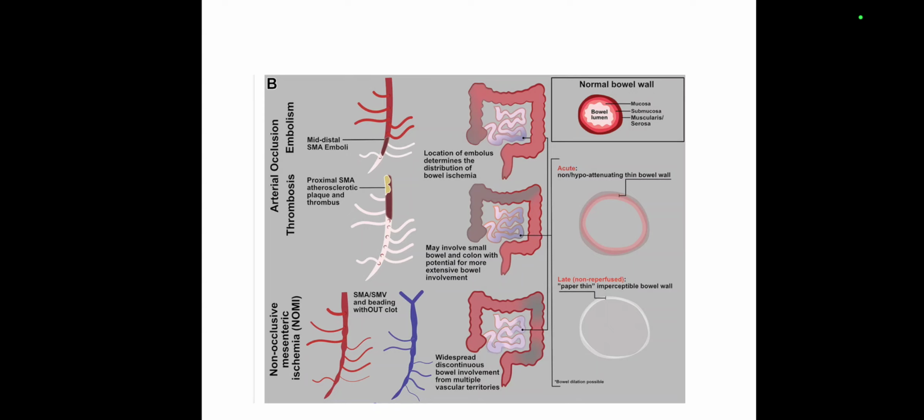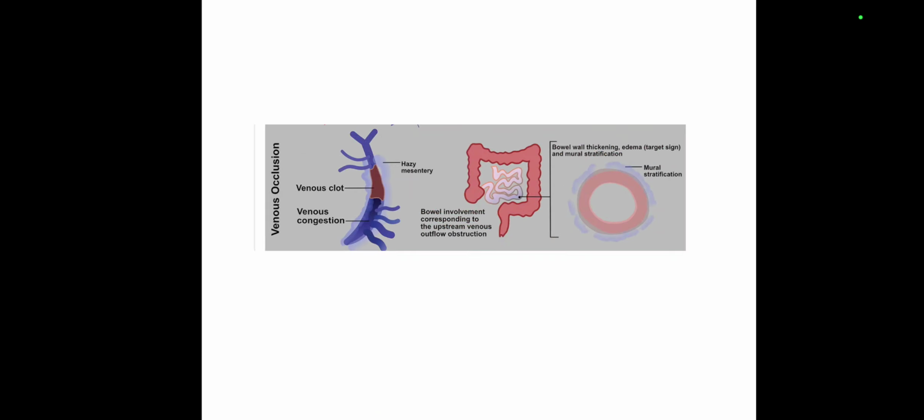Now, what happens in case of a hypoperfusion? So, it is getting paper thin because of the loss of the muscular tone. It is getting paper thin in arterial cause, whereas in venous cause it is getting congestion, and in venous occlusion you could see a venous clot in the venous territory.